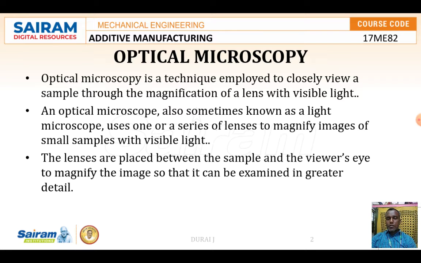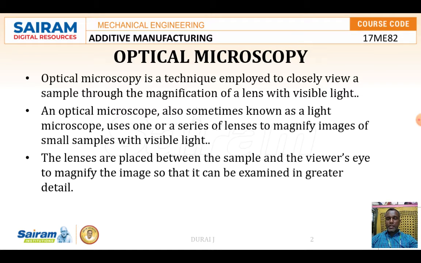Normally while viewing, to see the particles clearly, we go for some light sources. That type of microscope we call an optical microscope. With the help of the light sources we can clearly view the particular particles or components.